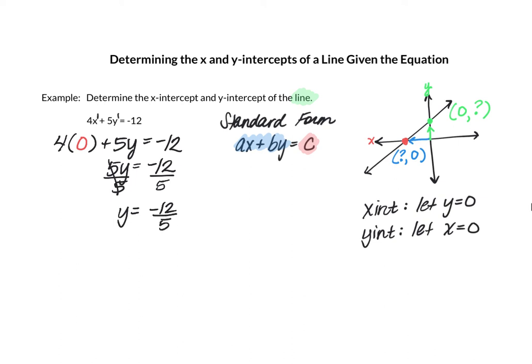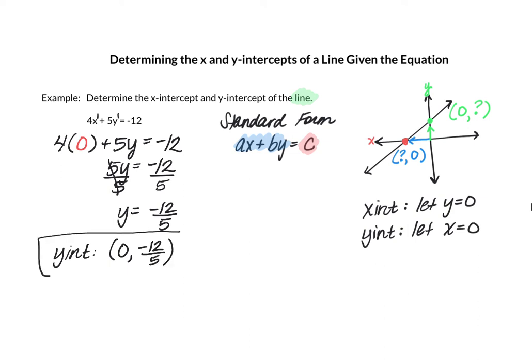Improper fractions are just fine. No worries there. So therefore, our y-intercept as a coordinate, remember, again, we substituted in 0 for x, would be 0, comma, negative 12 fifths.